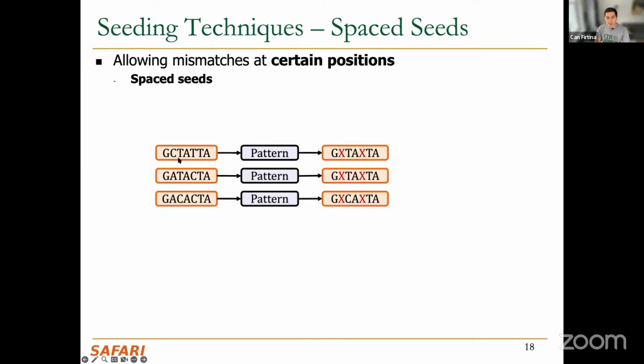The way to do it is to apply a pattern to the sequences before hashing them. In a sense, we are inserting some don't care characters at fixed positions of the k-mers, right? So assume that our pattern, for every sequence, inserts a don't care character at, let's say, the second and the fifth positions of any given sequence.